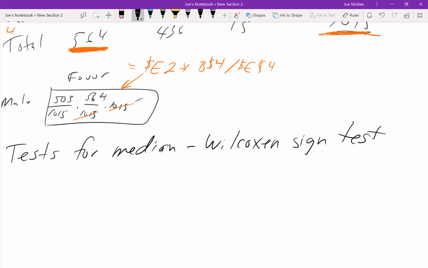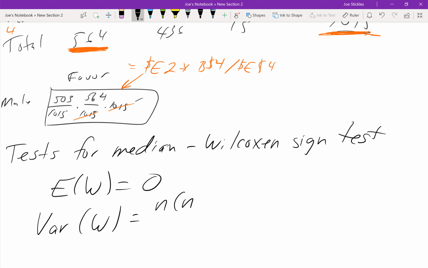So if W is your Wilcoxon statistic, the expected value is 0 and the variance is n times n plus 1 times 2n plus 1 over 6. That one.